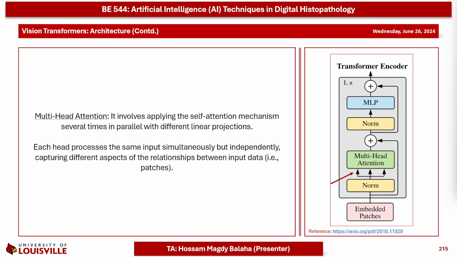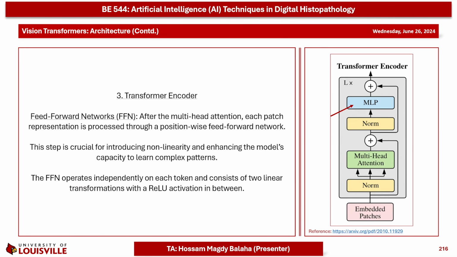So now we have embedded batches, or the input, provided to the multi-head attention. Each head will capture different aspects of the relationships, and after that they will be provided to a multi-layer perceptron, or a feed-forward network. So after the multi-head attention, each batch representation is processed through a position-wise feed-forward network.